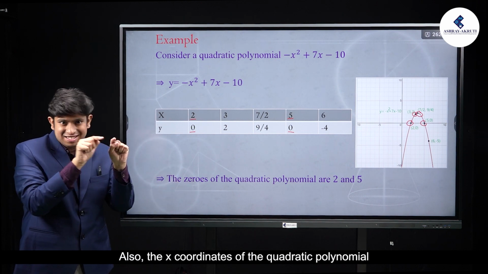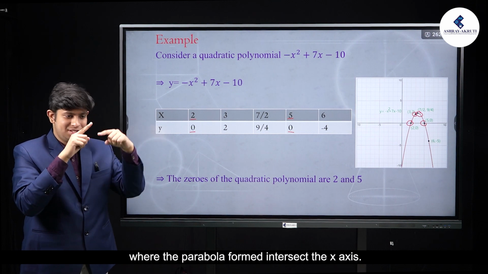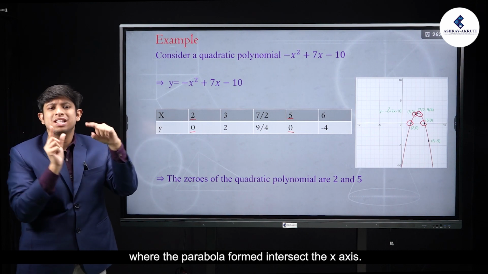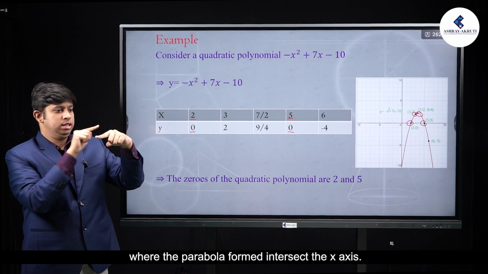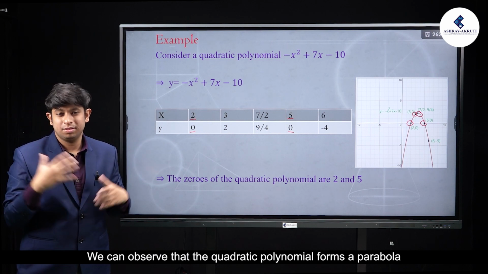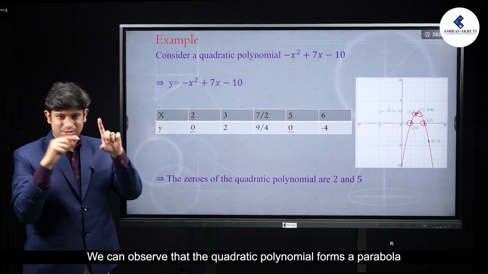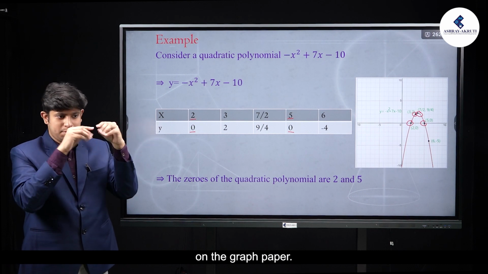Also, the zeros are the x coordinates of the points where the parabola formed intersects the x axis. We can observe that the quadratic polynomial forms a parabola on the graph paper.